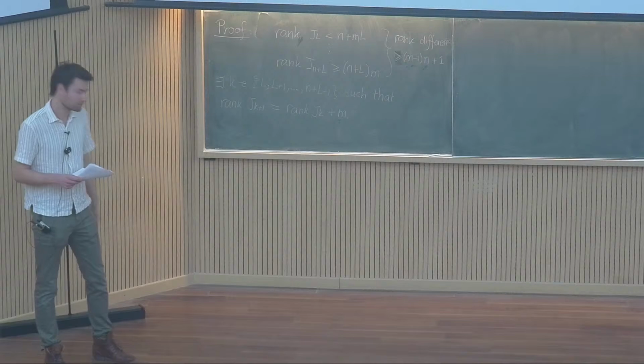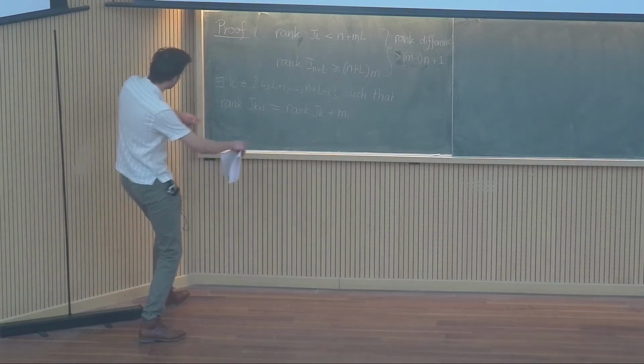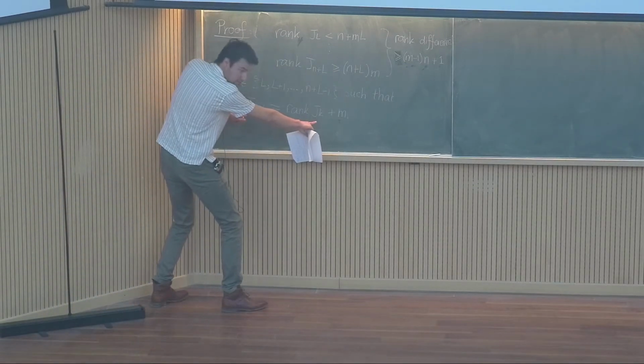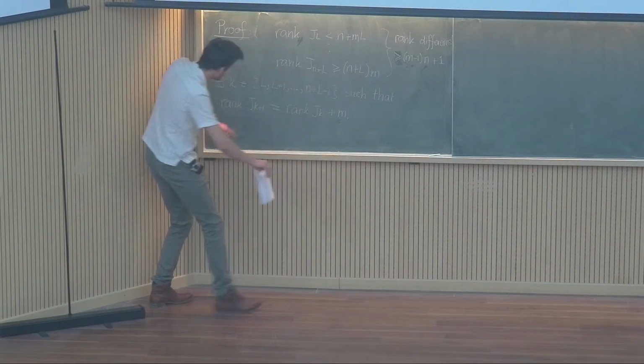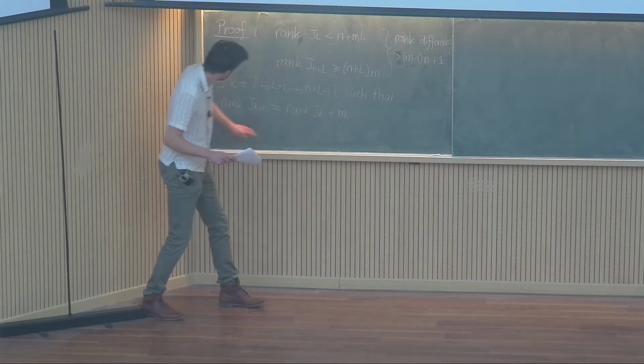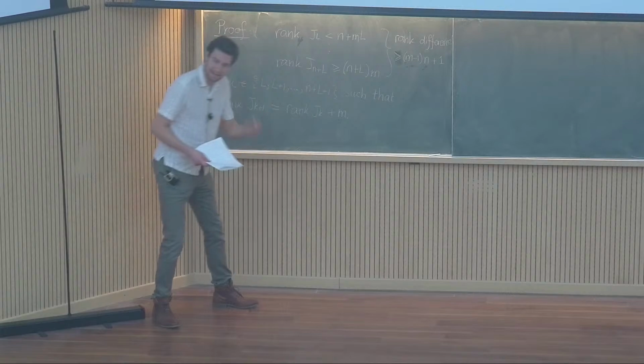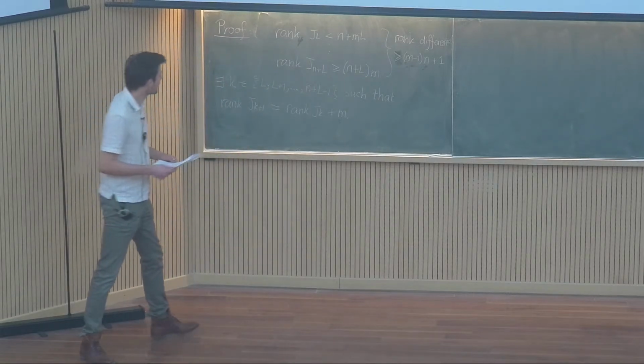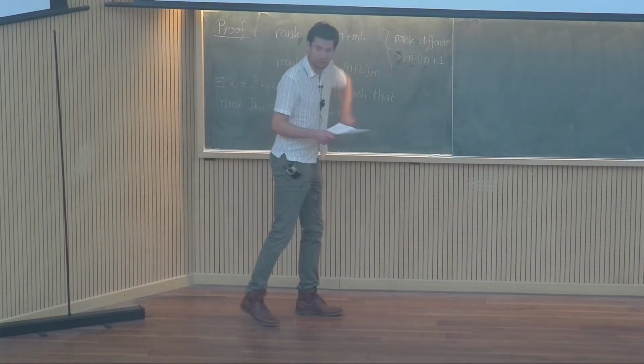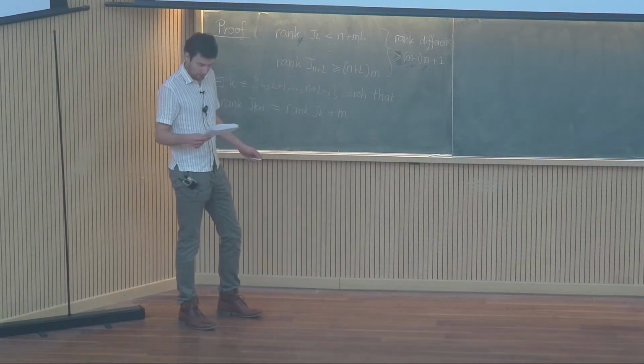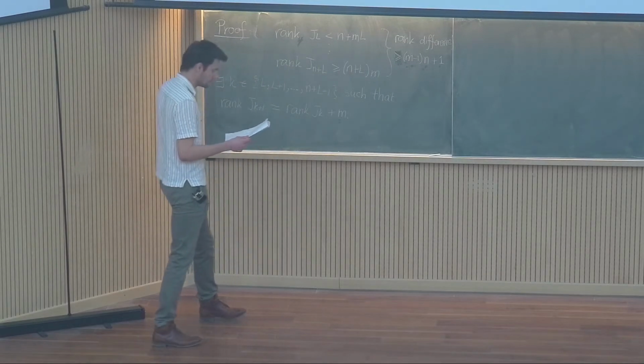That's the point. So there must be these matrices, J_{k+1} and J_k, whose ranks have a difference of exactly m. Otherwise, I cannot get this rank difference over here. Okay, good.